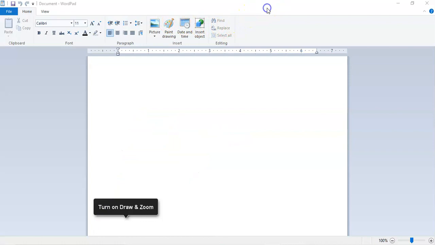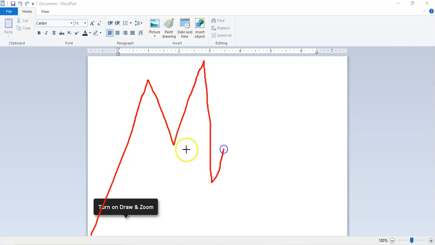Again, now we have looked at our entry point. What about stop loss and then take profit level? Okay, we have our M drawn nicely like this.